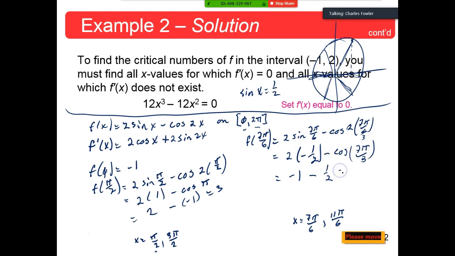Okay. And what's -1 minus 1/2? This is 2 halves, so -2 halves minus 1/2 is -3 halves, isn't it? All right, what do we have?